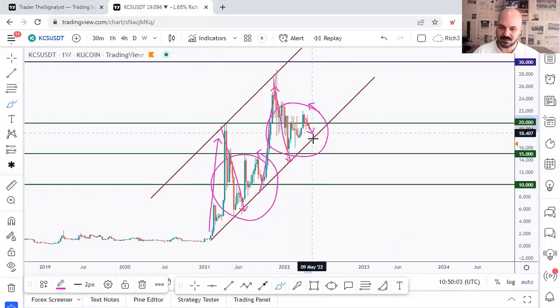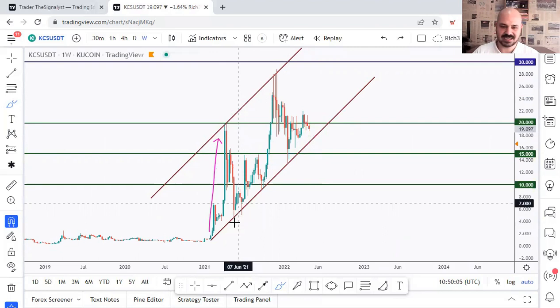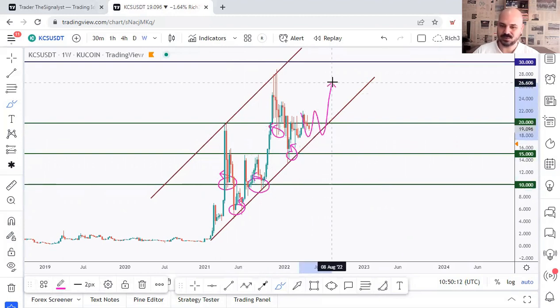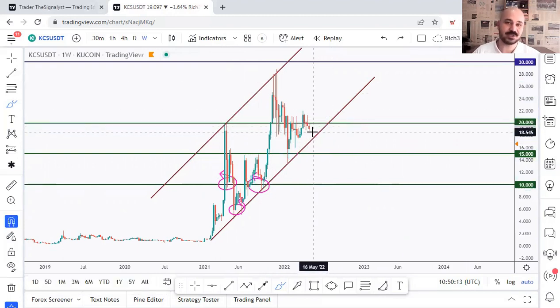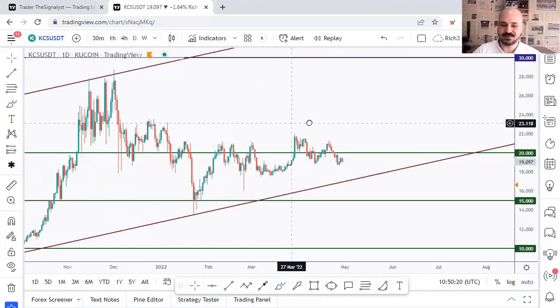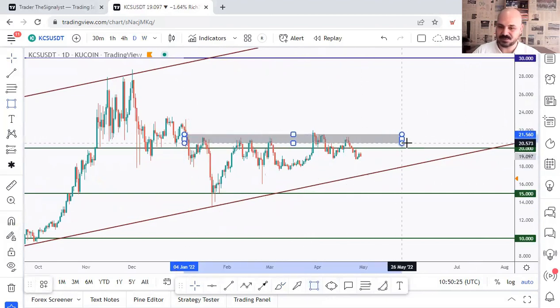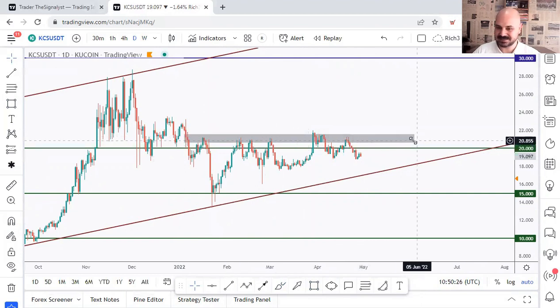Here we go, now it's forming. So we've got our head, left shoulder, and maybe the right shoulder would be formed. That's why this is also a confirmation that this is a good area to look for buy setups. So if you zoom back to the daily time frame, again, you can see that we've got a support and resistance here acting as a resistance now.